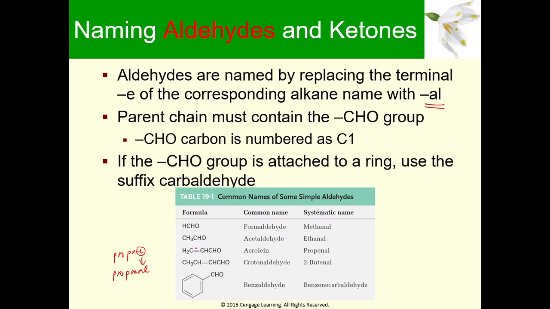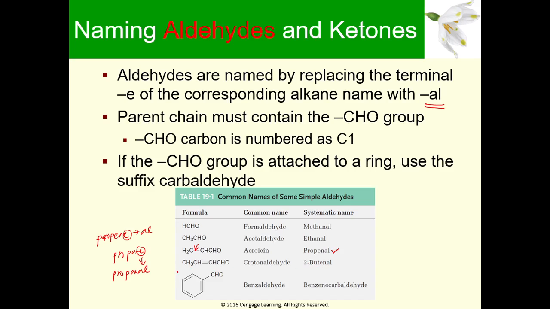But since we have here a double bond, it will become propene. So you drop the E, you make it al, so propenal. And then we have here butanal.